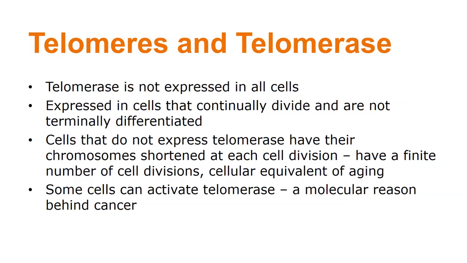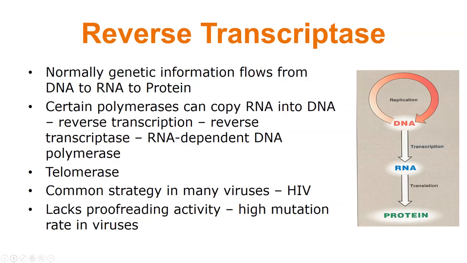It'll only divide a certain number of times, and so it'll be self-limited. So cancers have to figure out a way to deal with the shortening of the telomeres, and about 90% of the time they do that by activating telomerase. And sometimes it plays a very critical role in the induction of cancer.